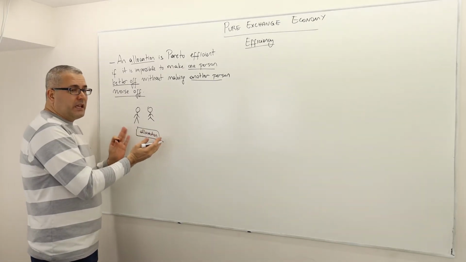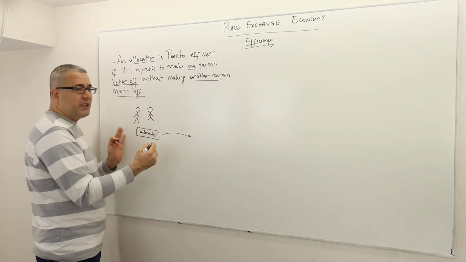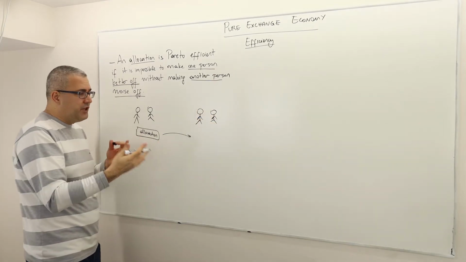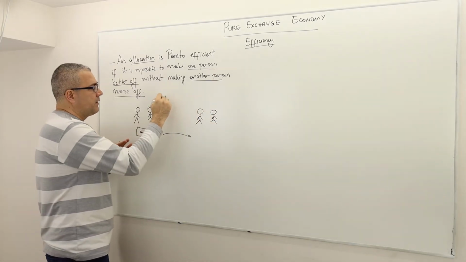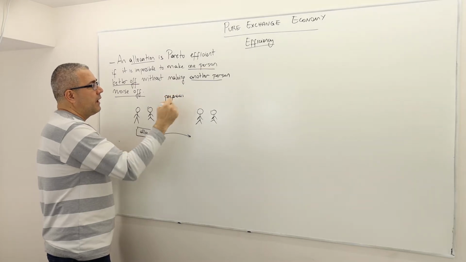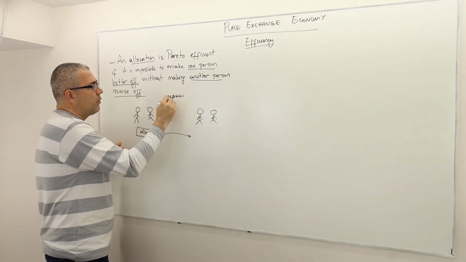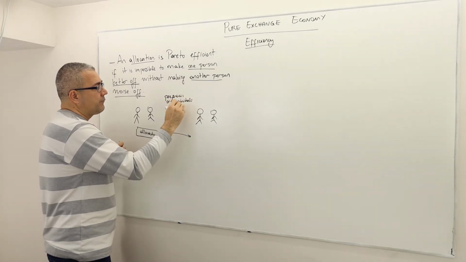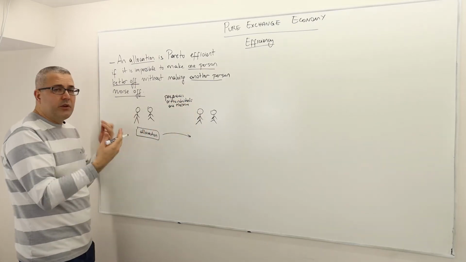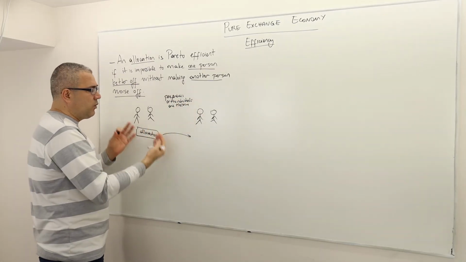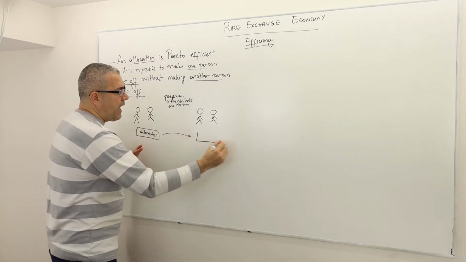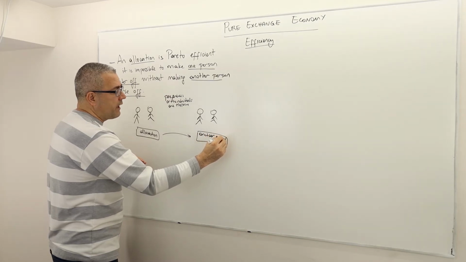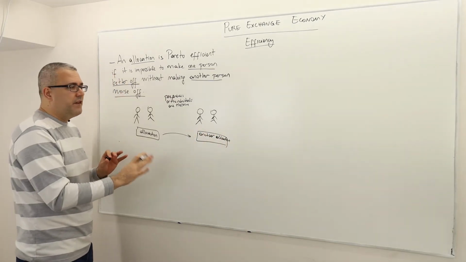In comparison to this allocation, we should be comparing the same two individuals, meaning their preferences are not changing. The preferences are fixed; the individuals are the same. I'm just comparing two different scenarios. In one scenario, I give them an allocation, and here I give them another allocation. Again, let's leave this vague for now.